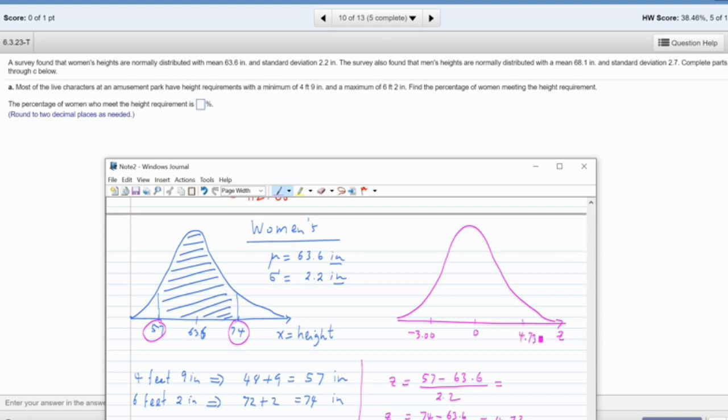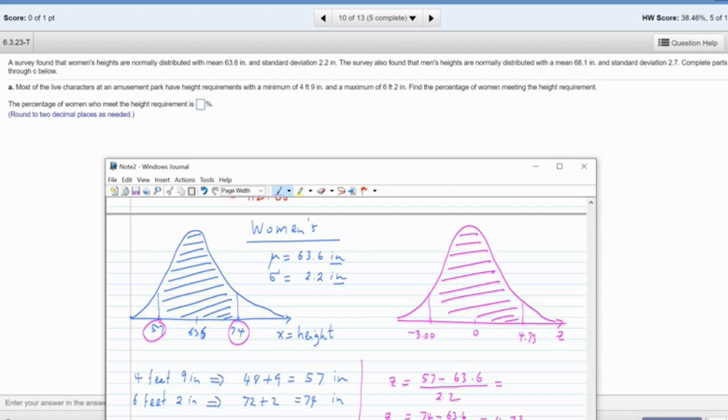So the area that we are after is this one, an area in the middle. First we need to find the area to the left of 4.73 minus the area to the left of negative 3. I will be quick here because I have done a lot of examples of this type.